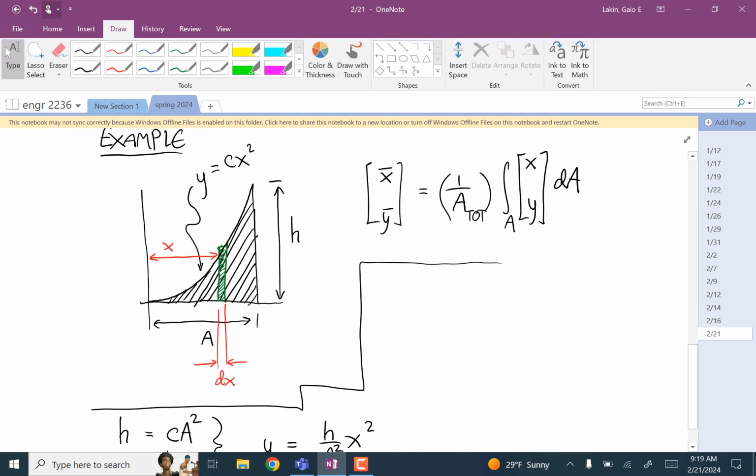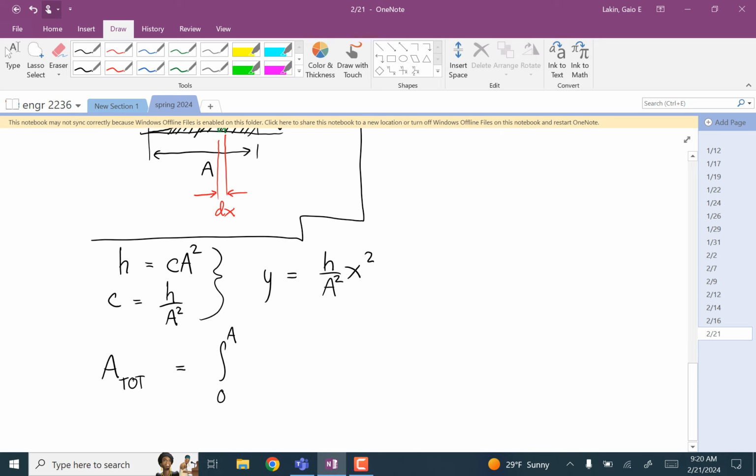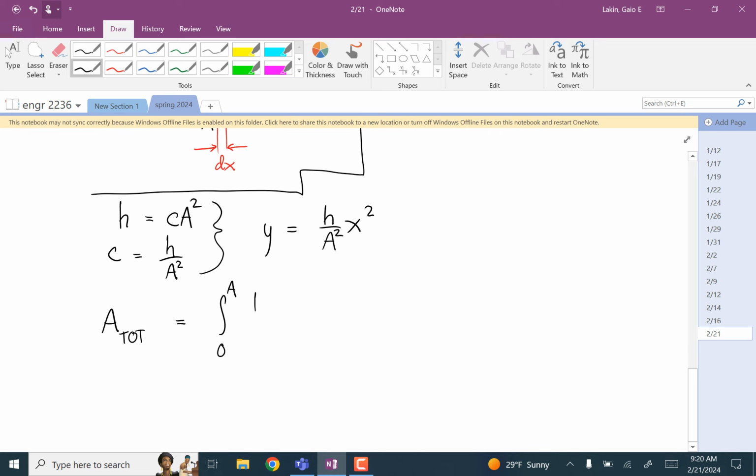And we're going to use this integral definition. So what's the total area of that? So the total area, I guess we're going to have to calculate, is the integral from 0 to a of h over a squared x squared dx.